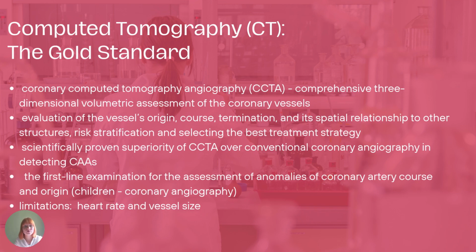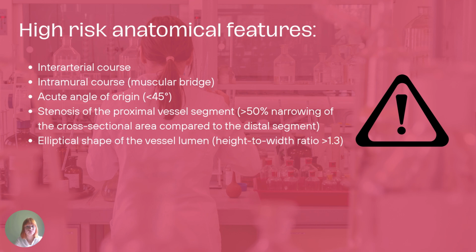And it has proven superiority over conventional coronary angiography in adults. However, in children, coronary angiography is recommended as a gold standard. Its limitations are heart rate if it's too fast, and vessel size if they're too small.